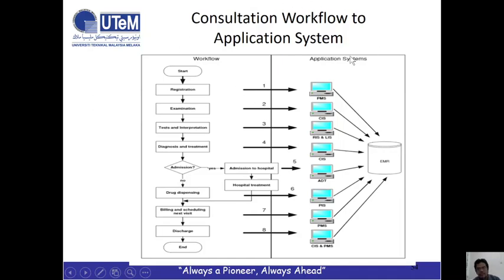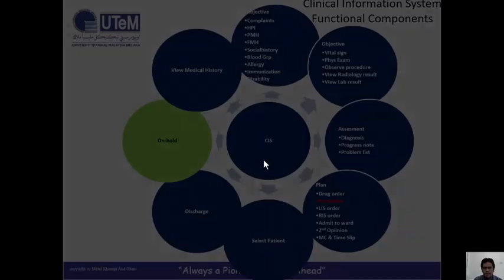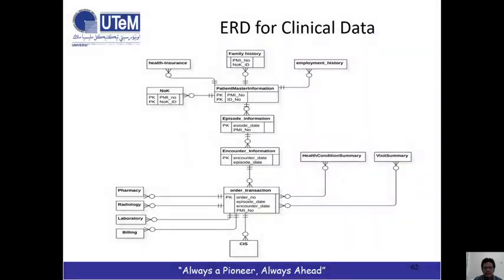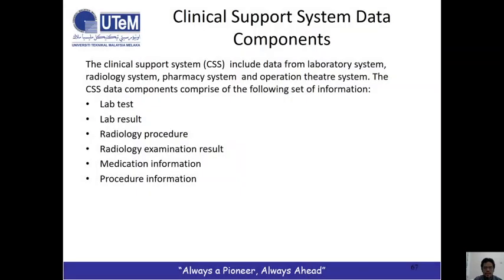Maybe this is an example where you convert from the manual process to a computerization application. Some hospitals don't have this application, so they still use paper. So this is a problem. Some hospitals use EMR, some hospitals still use MR only. They don't use E.